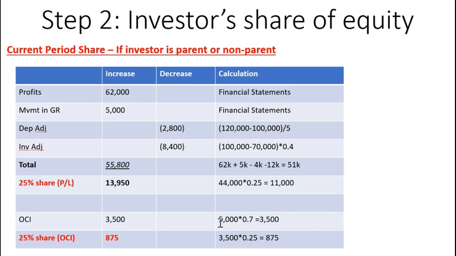It will be taxed. So again, we need the after-tax amount. So if we take the $5,000 multiplied by 0.7, we can see that we get $3,500 after-tax amount for that OCI share.